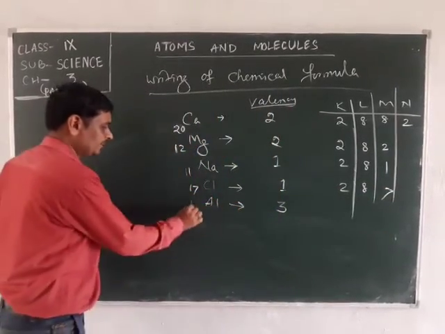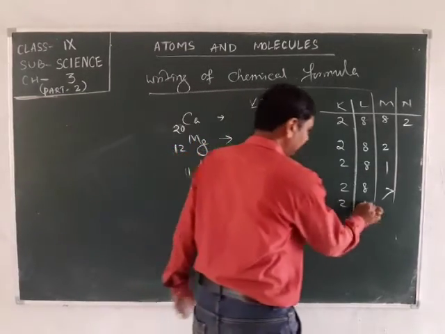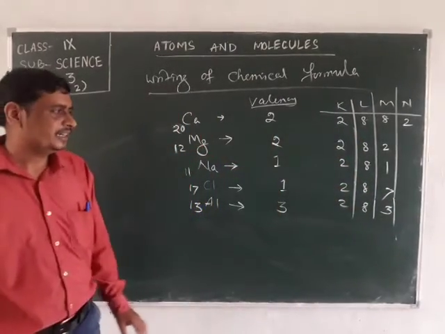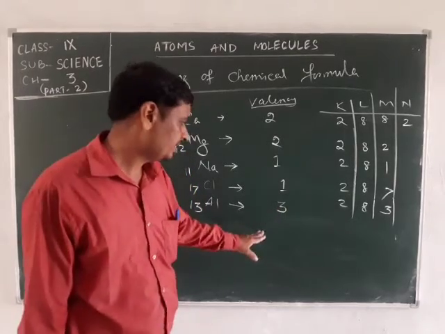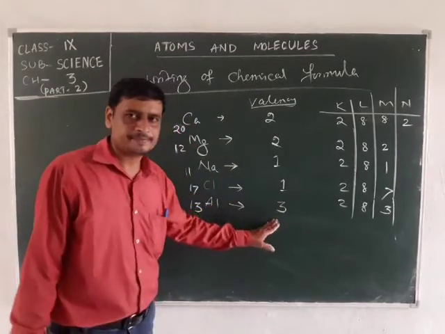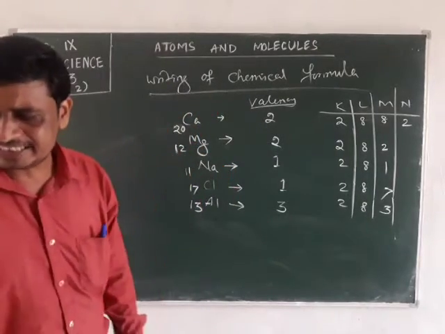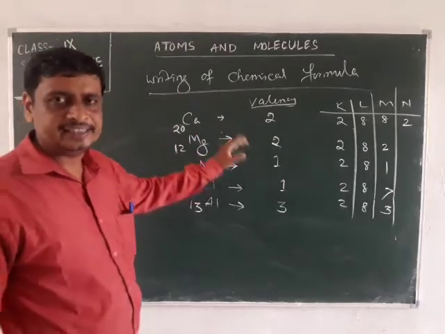In case of aluminum, atomic number is 13, 2, 8, 3. It will lose 3 electrons and combine with a maximum of 3 atoms, so valency is 3. In this way, we can find the valency of an atom, and this valency is needed for writing the chemical formula.